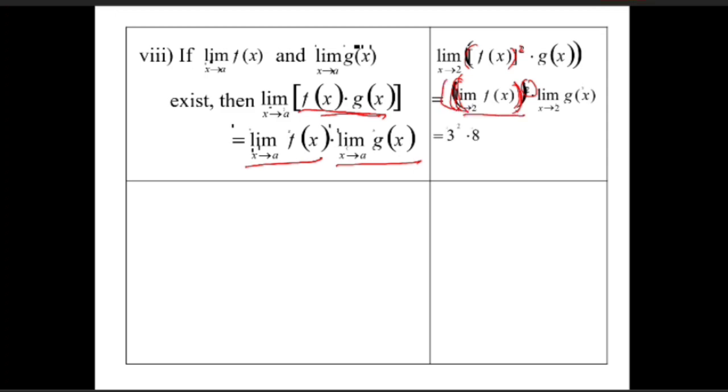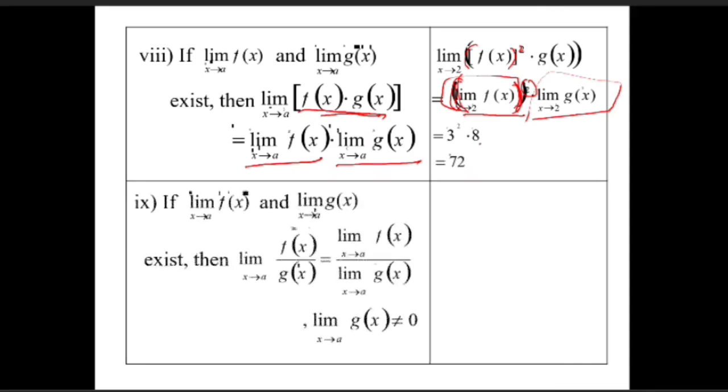Substitute your value of limit, which is 3 for f and also 8 for g. Notice that there is a power 2 for the limit of f(x), so this is just 3 squared times 8. The answer is 72.